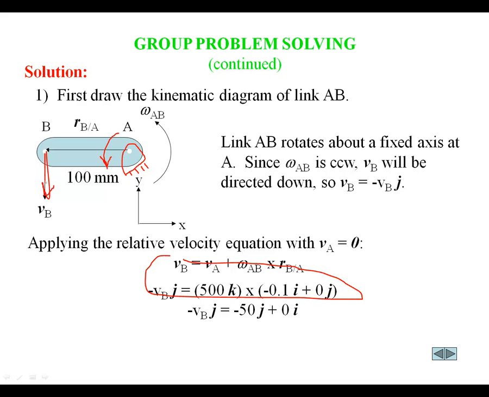We know it was going to be just in the I direction, just from our logic. And we knew that it was the 500 times the 0.1 meters. And that gave us the 50. And how did we get the negative? Well, we knew that if it's rotating this direction, it's going to be pointing down. So we didn't even have to do the cross product. We knew that it was just going to be a negative 50J.